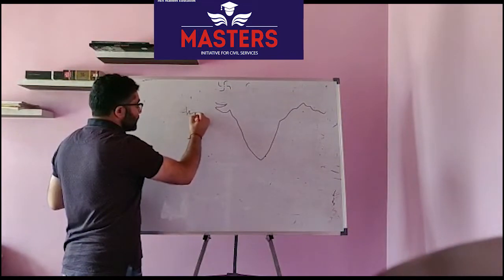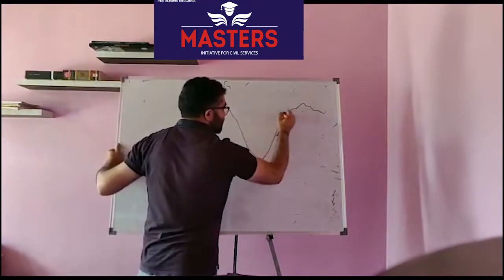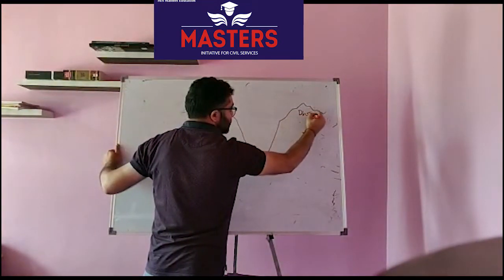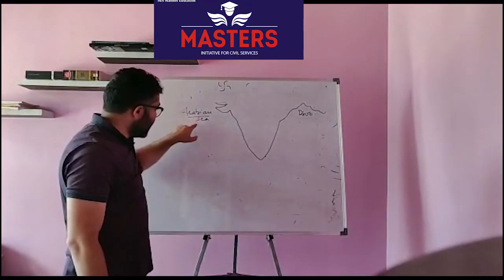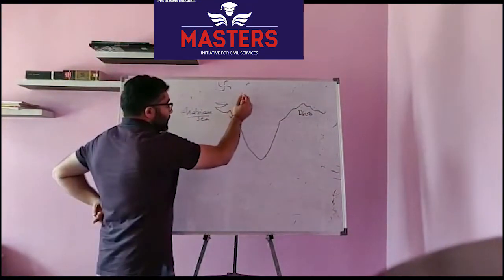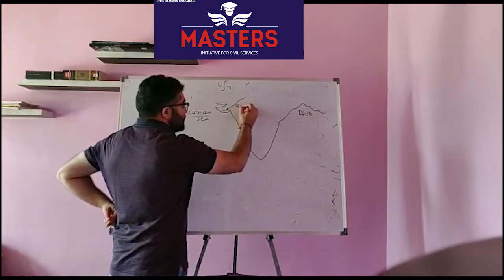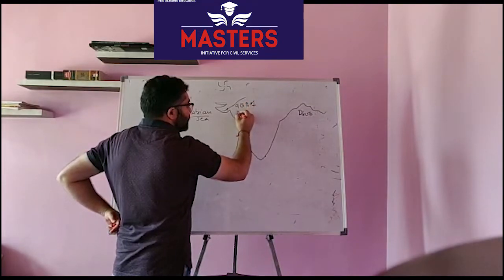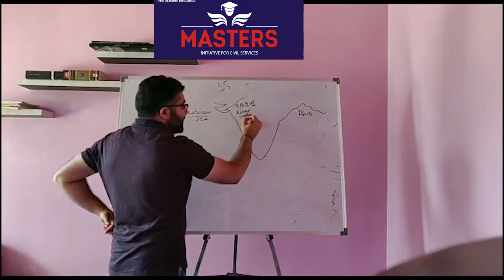Arabian Sea, right? This is the Bay of Bengal region. Now, the Arabian Sea receives almost 9.8% of river water from the Indian Peninsula.